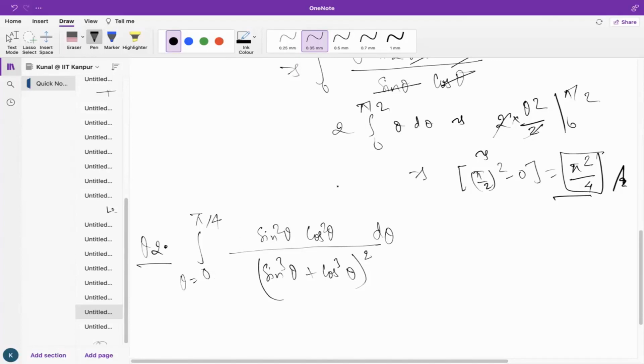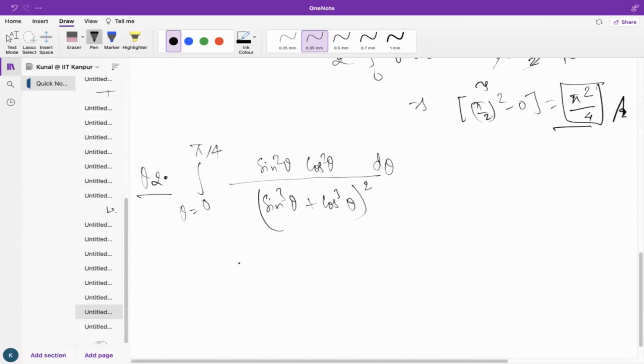So what do we have to do? Actually, we have to manipulate here. There is no other way to solve this complex looking integrand other than manipulation, because if you do anything else here, it gets more and more complex.